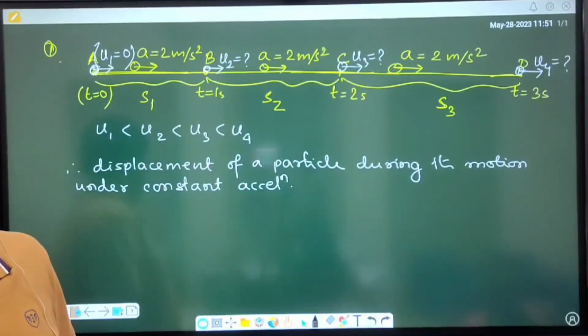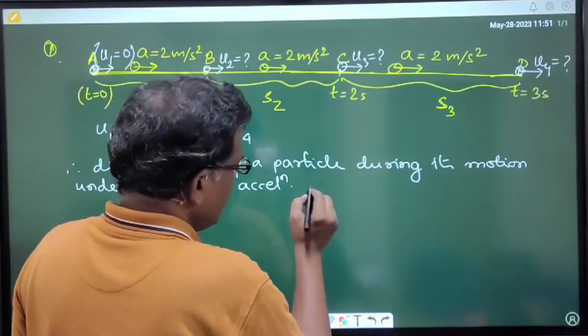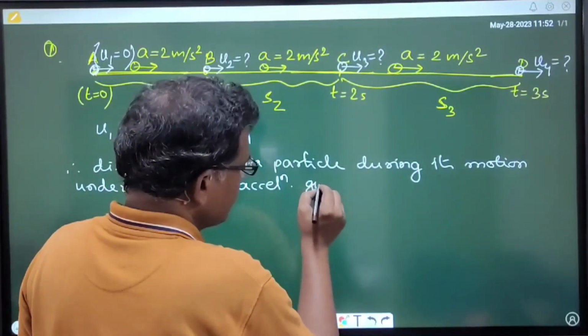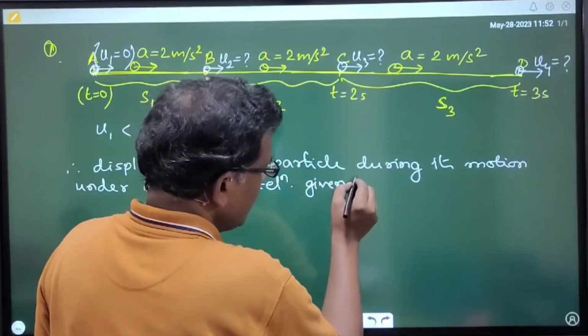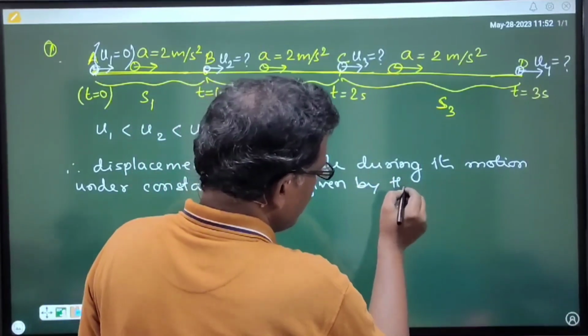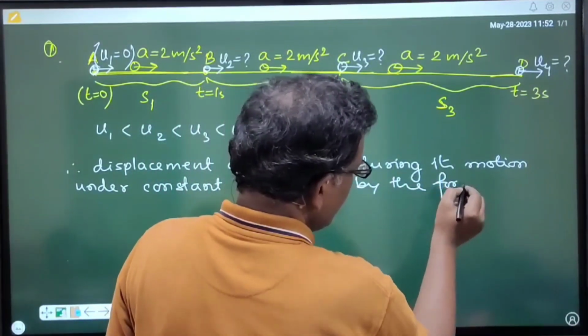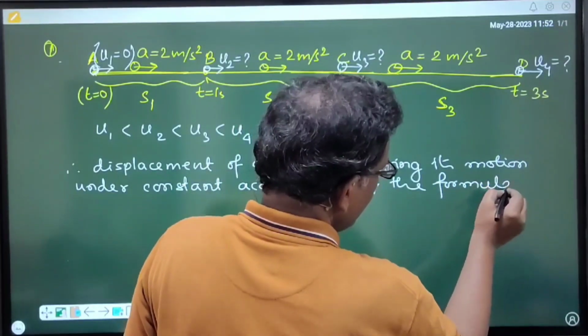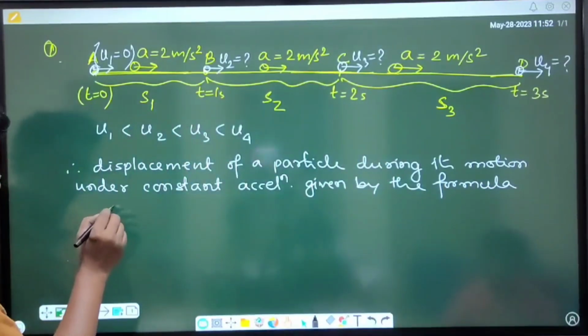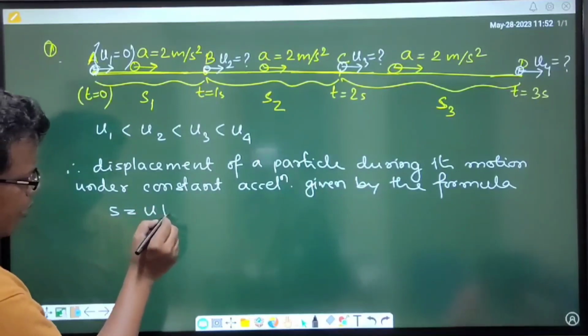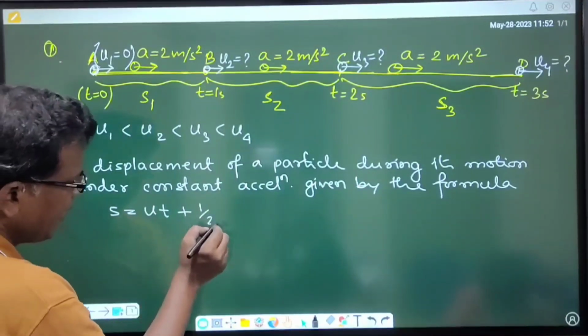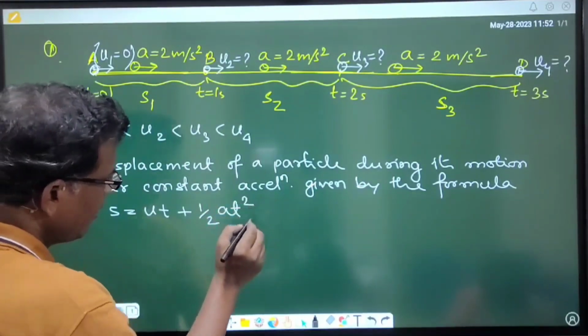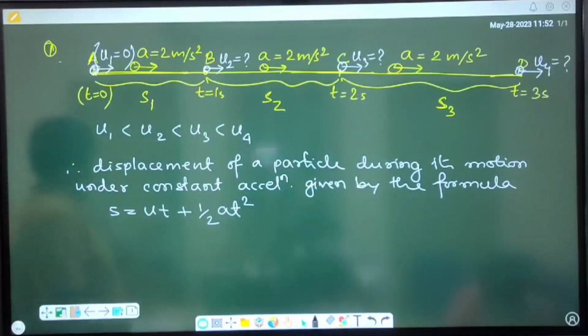Under constant acceleration, given by the formula S is equal to ut plus half at square. Are you getting me? S is equal to ut plus half at square.